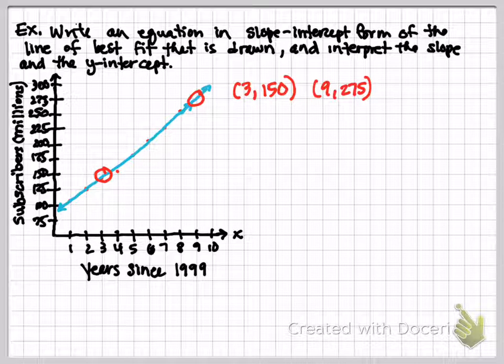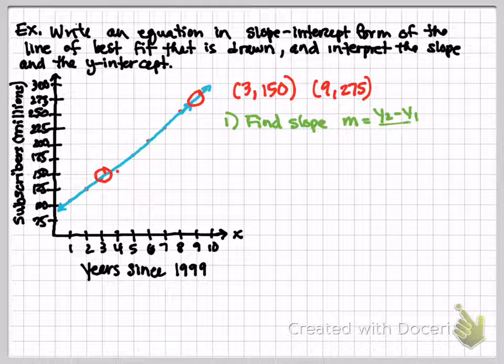So we talked about this before. First thing we're going to need to do is find slope. And we're going to use m equals difference in y's over the difference in x's. So with our data, we have 150 over 3.